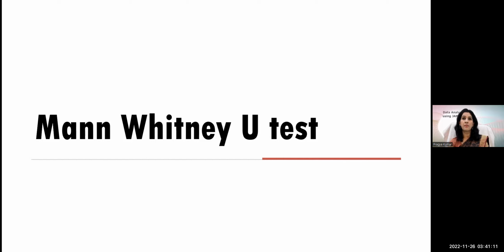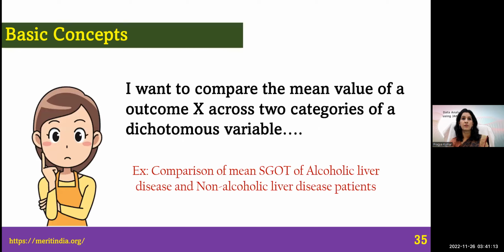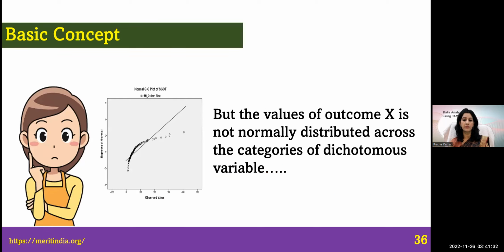So what is this Mann Whitney U? Same, if the data is not normally distributed and you want to compare the mean value of outcome X across two categories of a dichotomous variable, like comparison of mean SGOT of alcoholic liver disease and non-alcoholic liver disease patients. But when you have put this QQ plot, you have seen that it is not normally distributed.